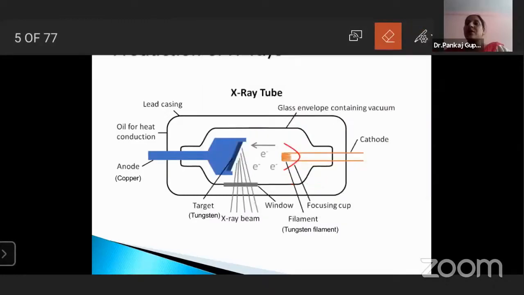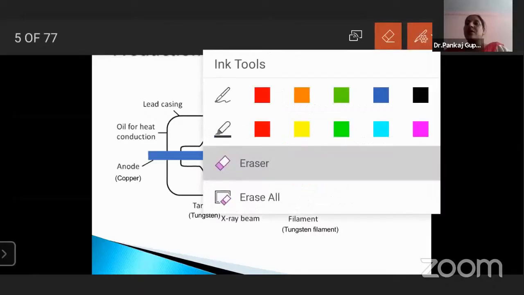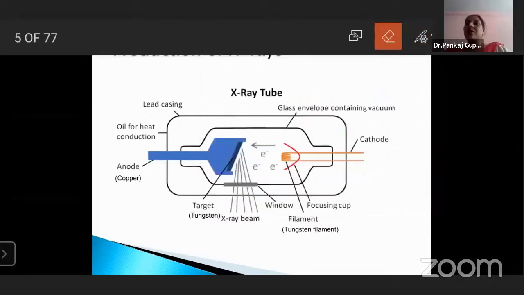The second one is the anode, on the left side, which contains a target material made up of tungsten, which has a high atomic number. Whenever the high-speed electrons strike this tungsten target, the X-rays are produced by various subatomic interactions.